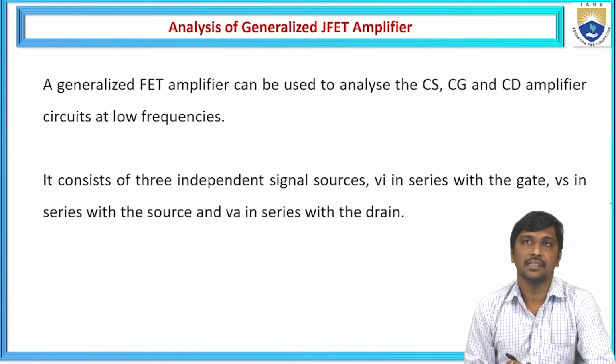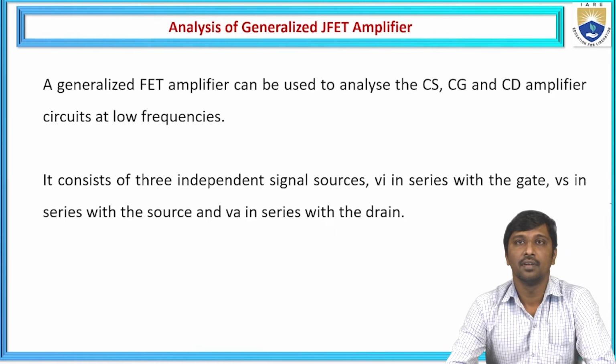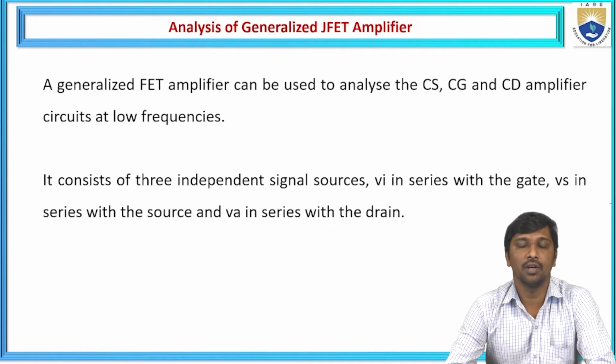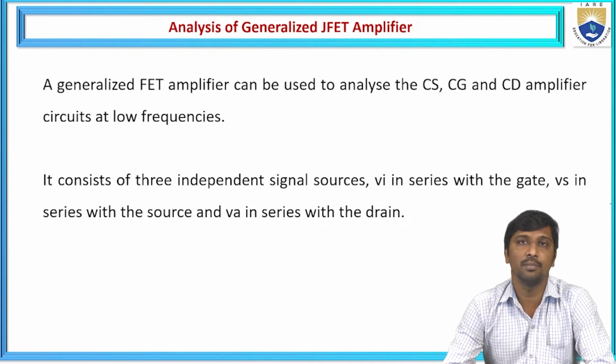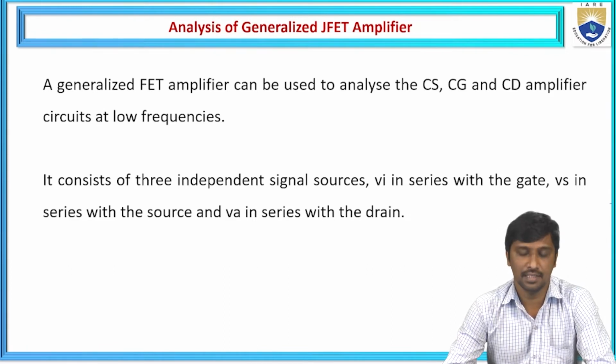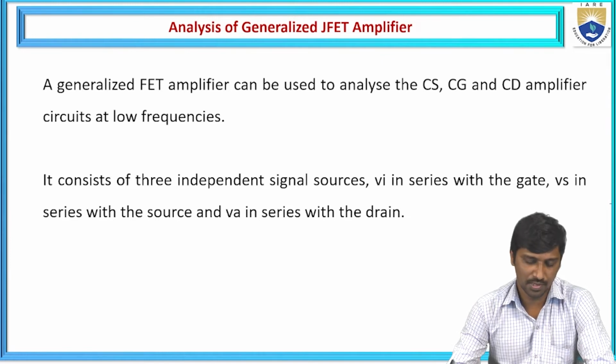Before going to this, we know that the FET is called the field effect transistor. In it, the drain current is controlled by an applied electric field between the two terminals, gate and source, as well as drain and source.